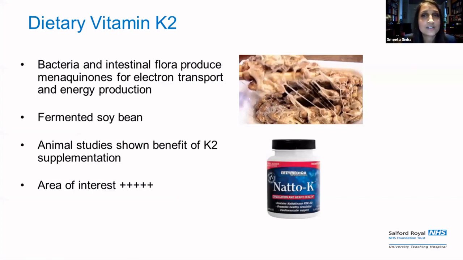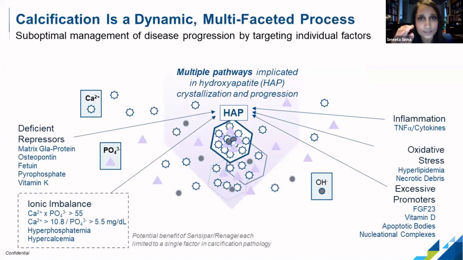So vitamin K2 you can buy from Amazon if you want, and there's lots of natural health people out there who purport its benefits. It's naturally produced by bacteria and intestinal flora, and you can get it from a popular Japanese dish called natto. It's essentially fermented soybean. So as I said, the animal studies show interest, and certainly clinically it's becoming increasingly important.